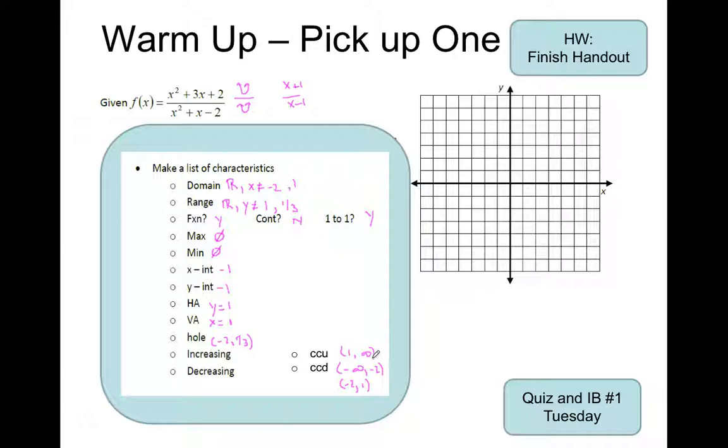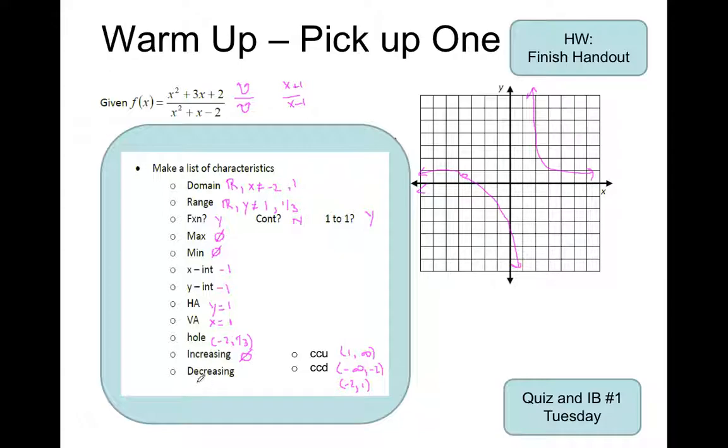How about increasing and decreasing? What did this function do? I'm going to just draw it rough here. What did my pen do the whole time? Decrease. There was no increasing.